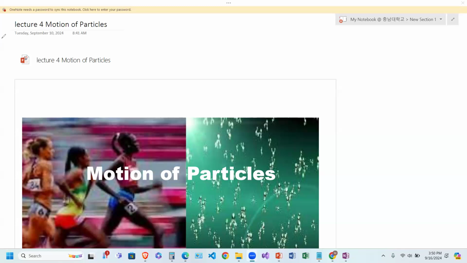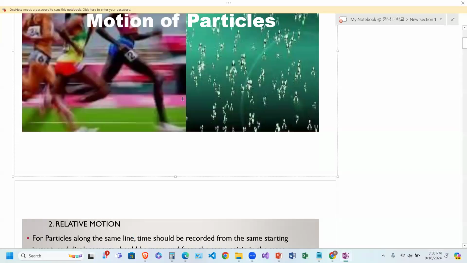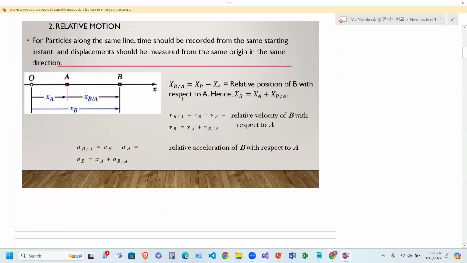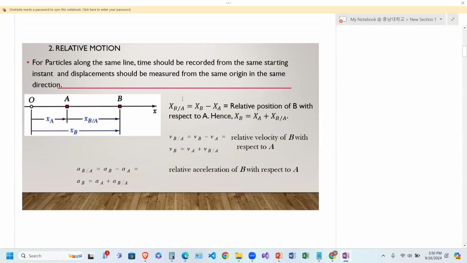Now we are going to look at motion of particles, and precisely, first of all, relative motion. Let's take this example. For particles along the same line, time should be recorded from the same starting instant, and displacement should be measured from the same origin in the same direction.